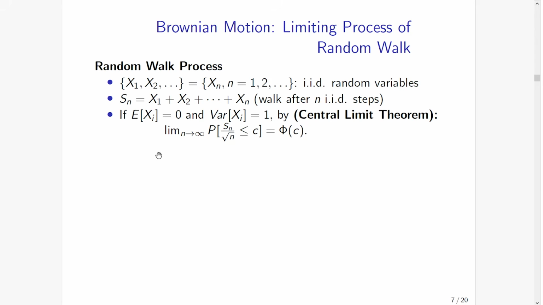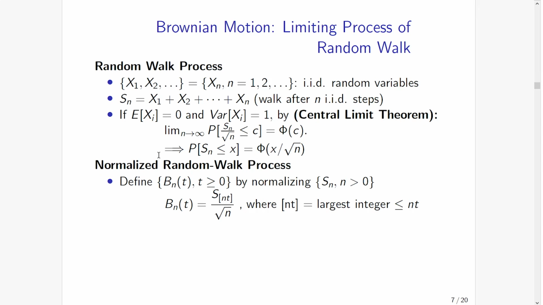This standardized random walk will, in the limit as n grows large, have a Gaussian distribution with mean 0 and standard deviation 1. So what we can do is consider normalizing the random walk process by having the partial sums of the steps divided by root n.